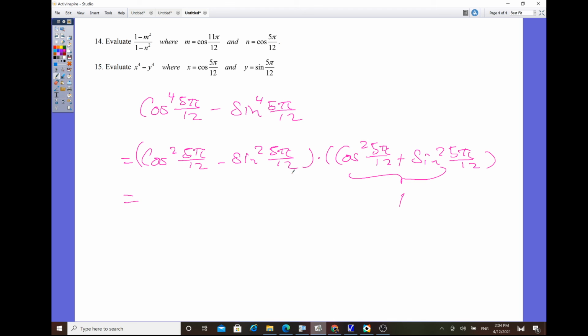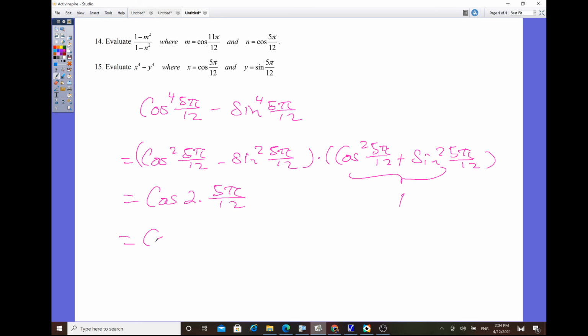And this one here, what do you think that is? Cosine square minus sine square, so the double angle, so cosine of 2 times 5 pi over 12. So instead of using the half angle or the power reducing formula, we can use the double angle and the Pythagorean identity.